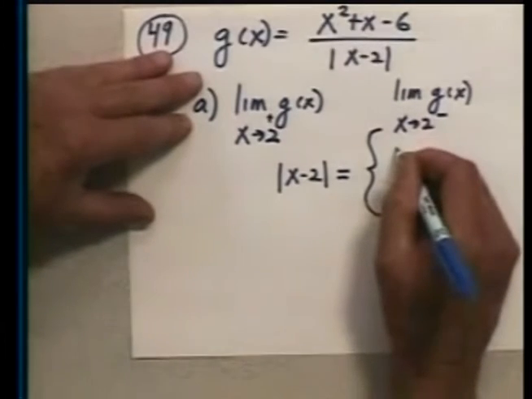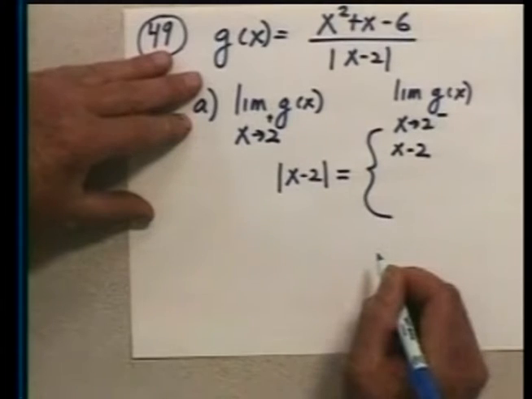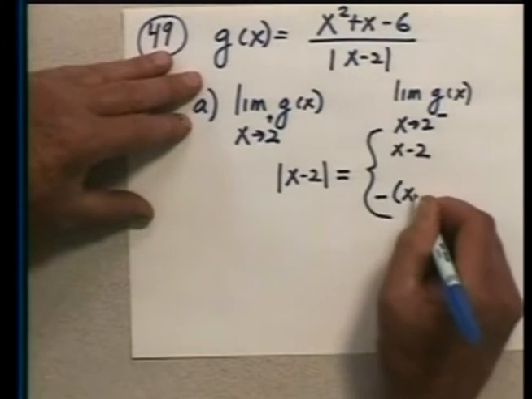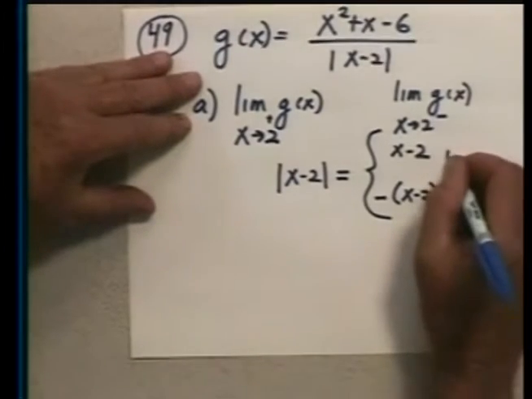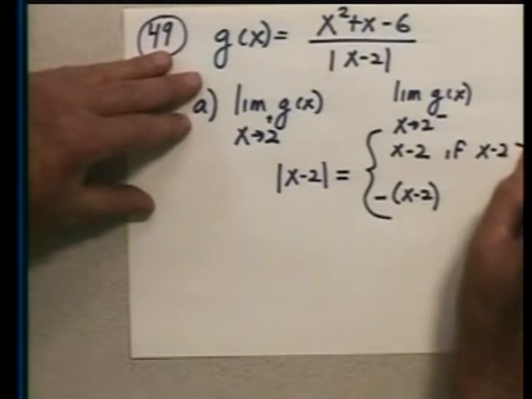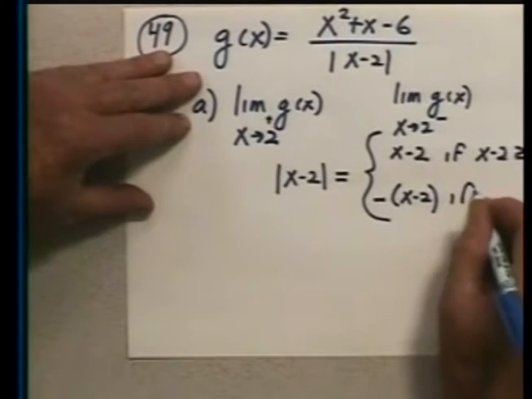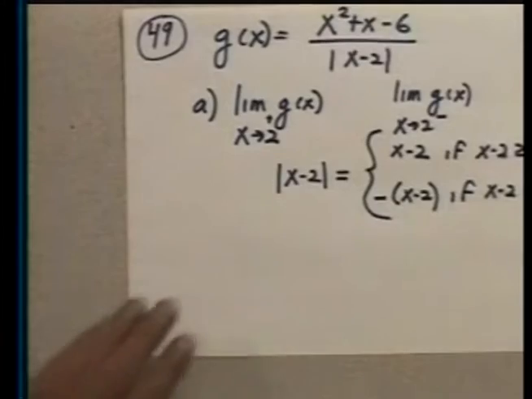Sometimes it's what's inside, and sometimes it's the opposite of what's inside the absolute value, right? When would this be true? If what's inside is greater than or equal to 0. When is this true? If what's inside is less than 0. Have we traveled that road before?